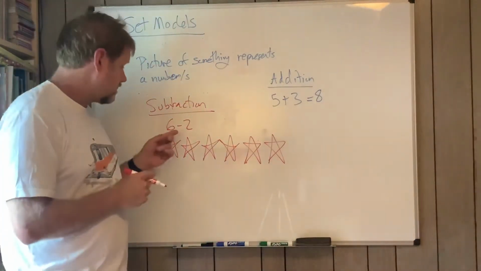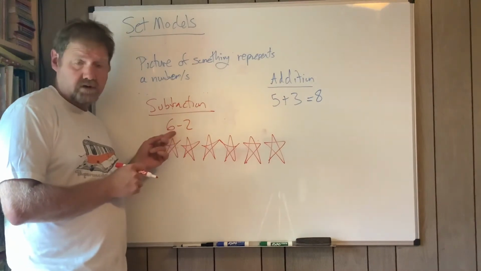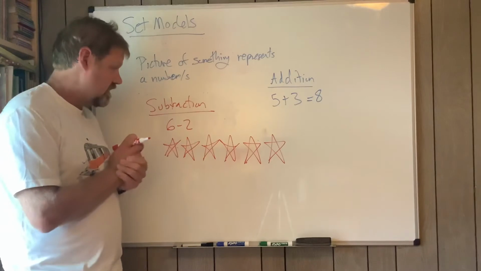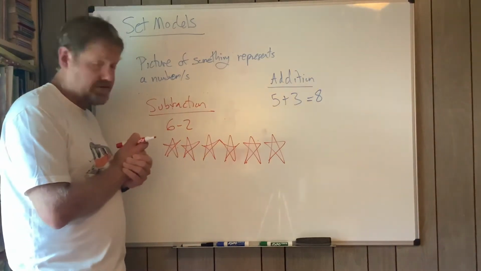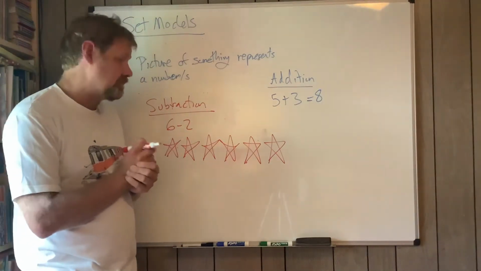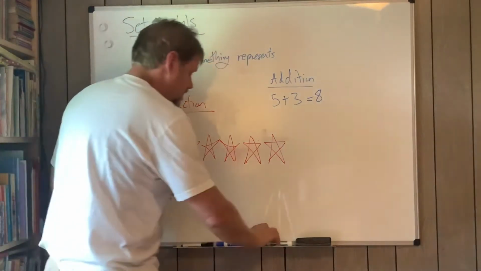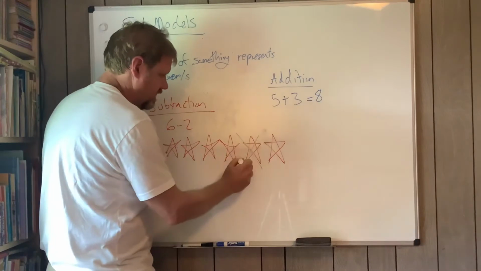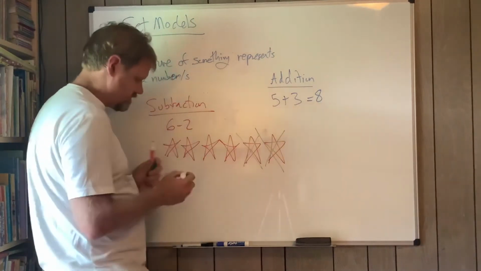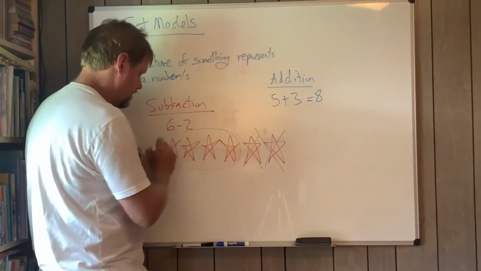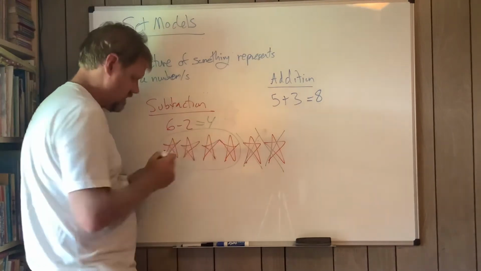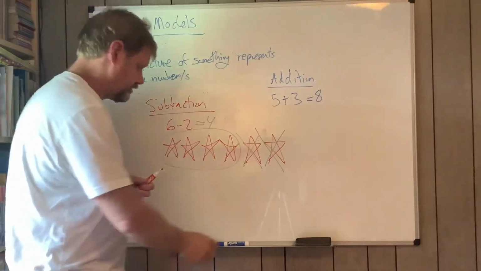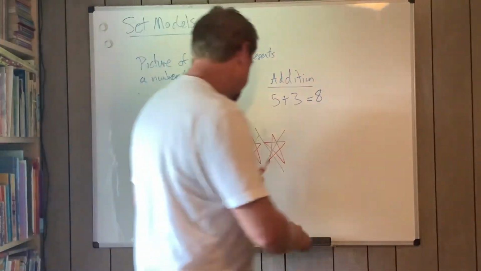So what we're going to do is subtraction, thinking of taking away something. So I have 6 cupcakes, I give away 2 of them. How many do I have left? Then you can simply take these away by crossing them out. You're left with 4, and there's your answer.